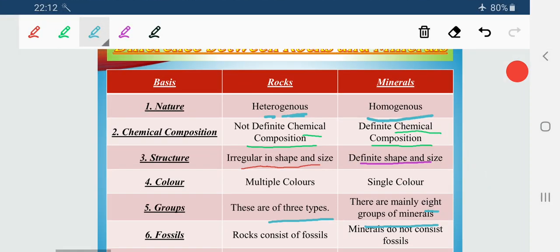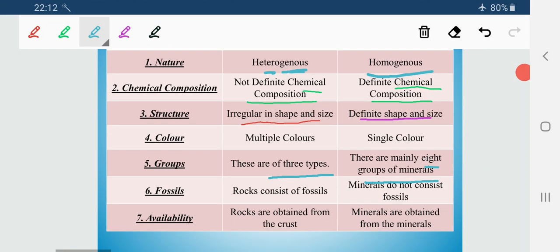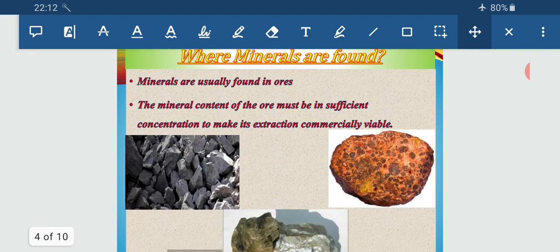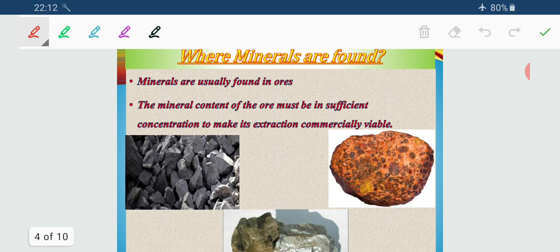Now next we will move to the part on where we get the minerals from. Actually, from where do we get the minerals? Minerals are usually found in ore. Now what is actually termed ore? Ore can be in every type of rock. When a large quantity of minerals is present, such rocks are called ores.